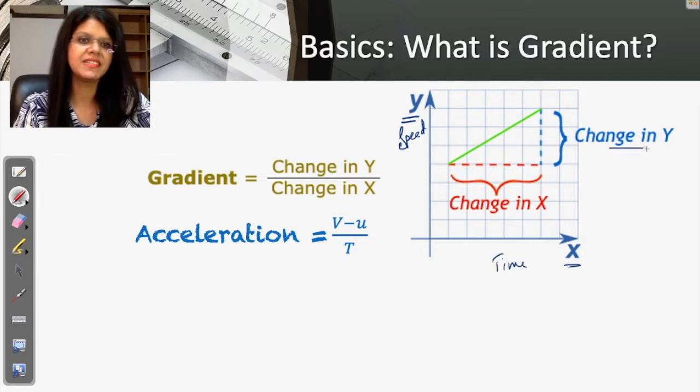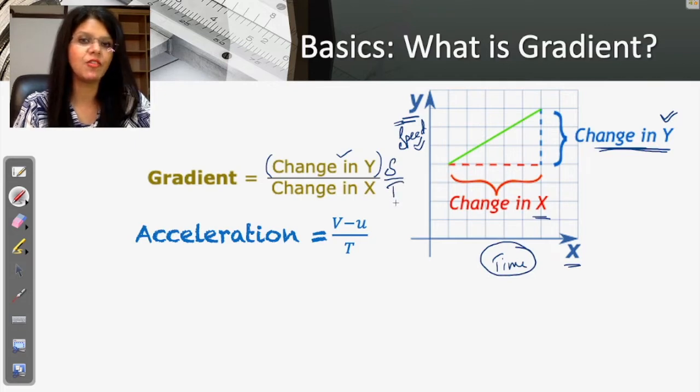So what is the change in y? Change in y is change in speed. So the whole numerator becomes change in speed, right? Change in y is the same as change in speed, because now we are talking about a speed time graph. The numerator becomes change in speed and the denominator becomes the change in x, which is change in time.